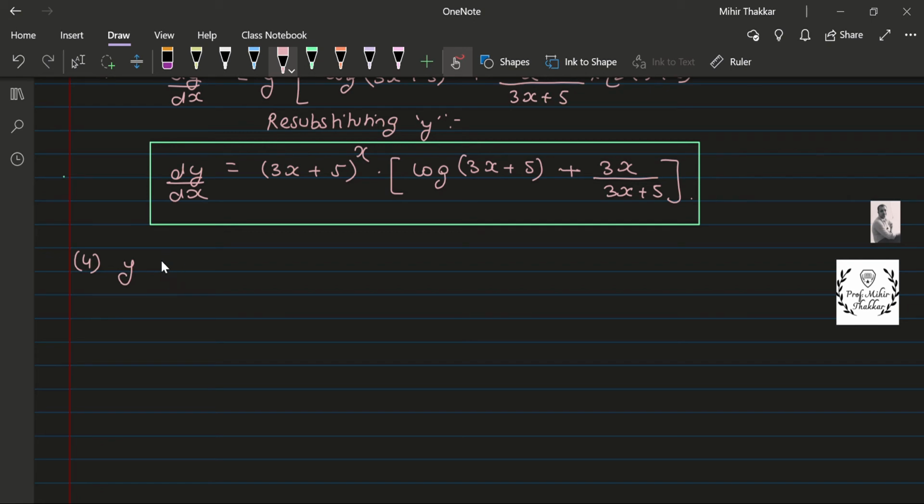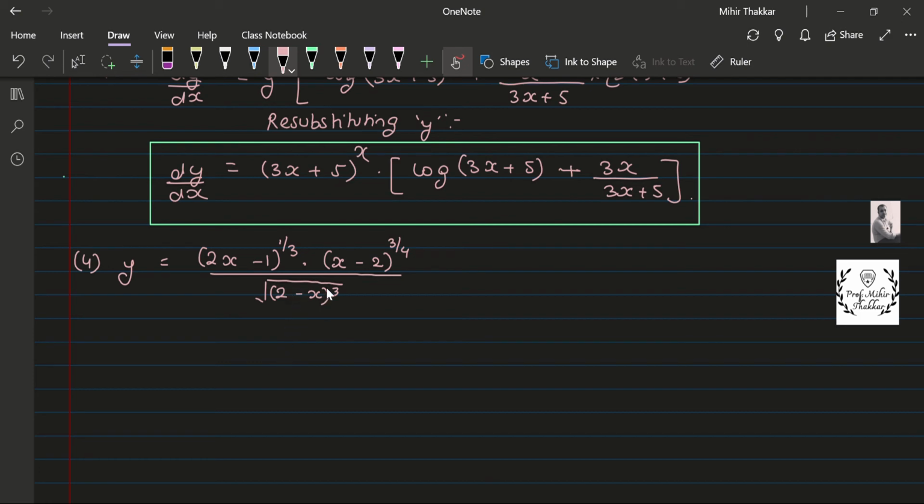If we have y is equal to 2x minus 1 to the power 1 by 3 into x minus 2 to the power 3 by 4, divided by square root of 2 minus x the whole cube.